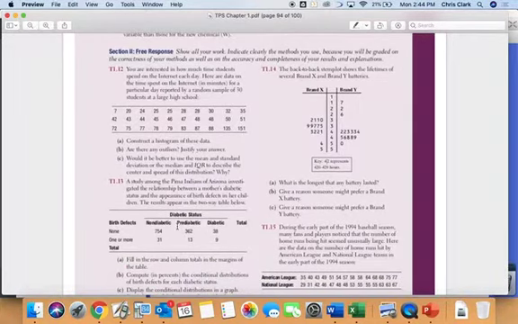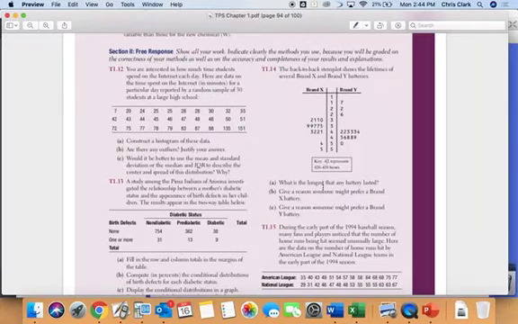Number 14, back-to-back stem plots. This is really just looking at a stem plot and comparing the two distributions. Not really going to have to do something like this, but if I were to prefer brand X, it is probably because it has a higher minimum.